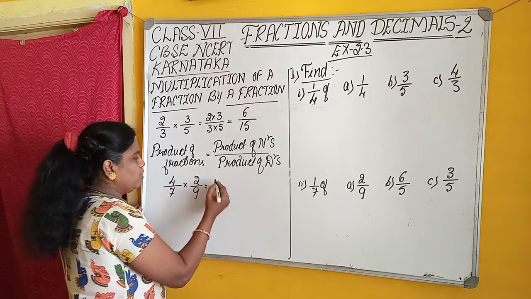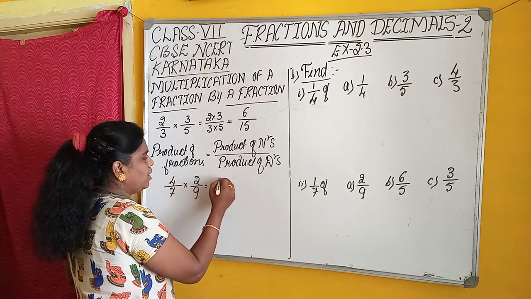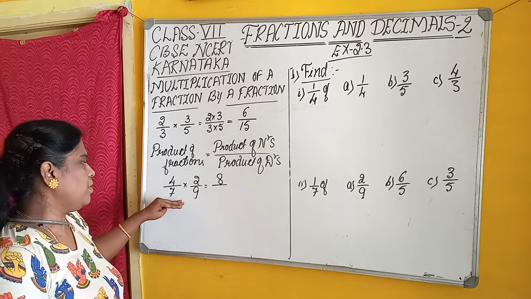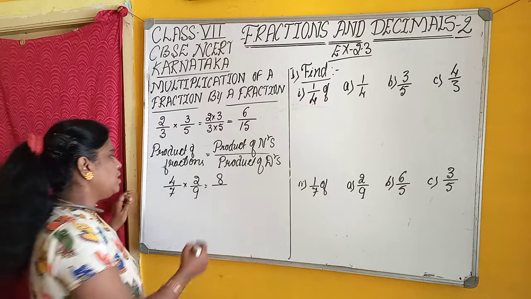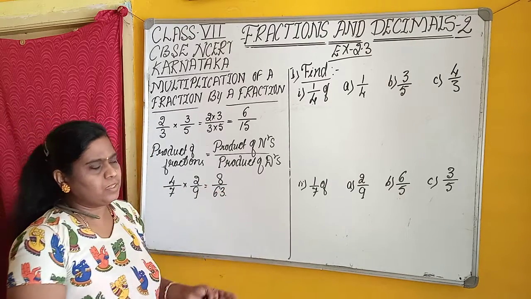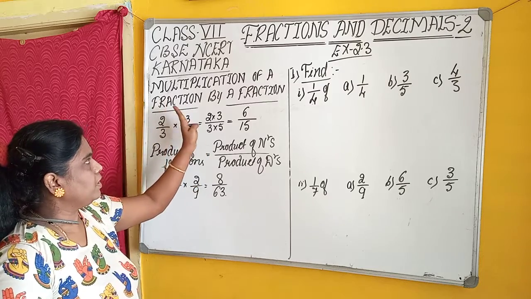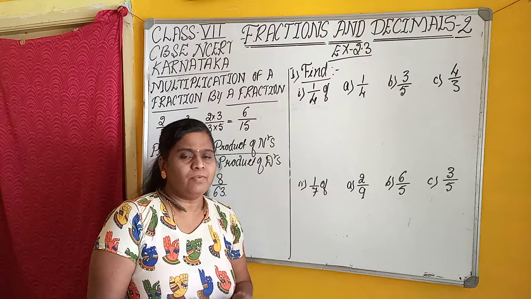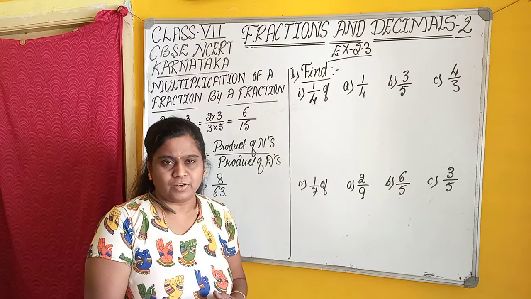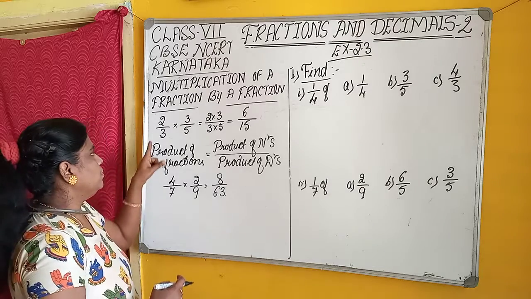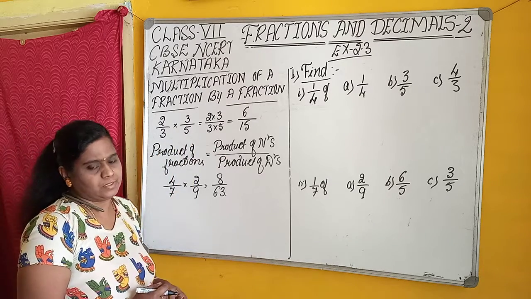The product of the numerators is 4 2s are 8, divided by the product of the denominators, 7 9s are 63. While finding the multiplication of a fraction by a fraction, we multiply the numerators and divide by the product of the denominators.